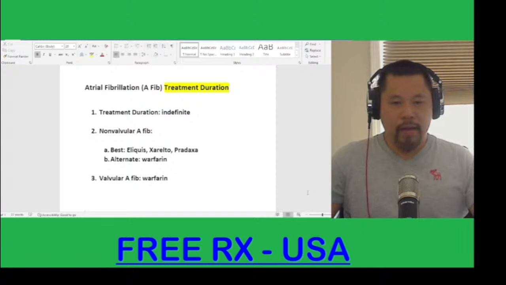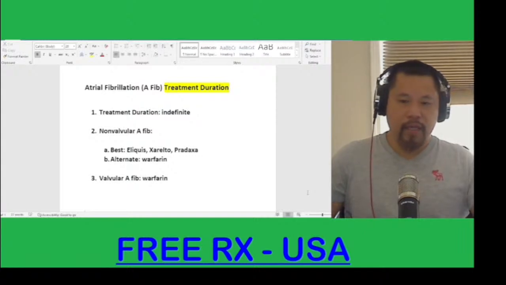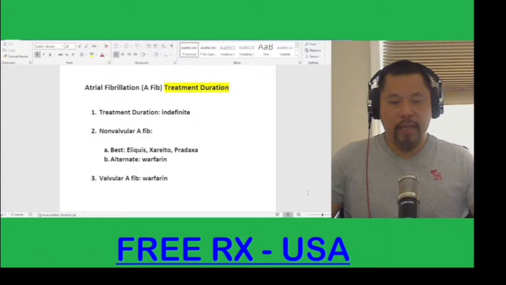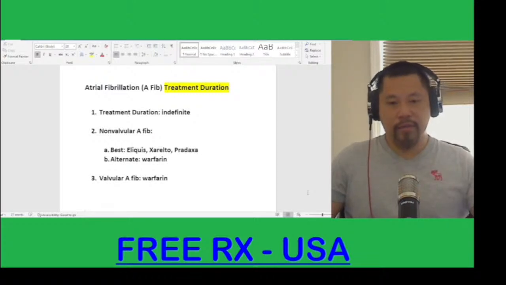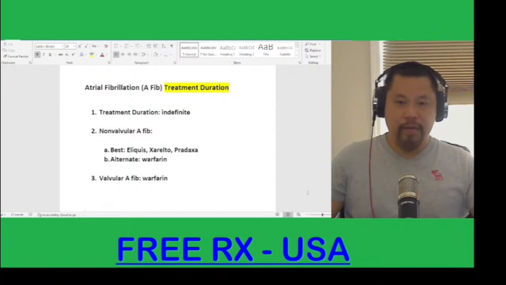If you are diagnosed with AFib, then you may be on a blood thinner medication indefinitely for the rest of your life, unless your cardiologist can convert your heart back to normal. But that's very rare. Sometimes people have AFib, but they don't start the blood thinner medication yet because they don't have any additional risk factors such as being over 75 years old or having high blood pressure or diabetes.